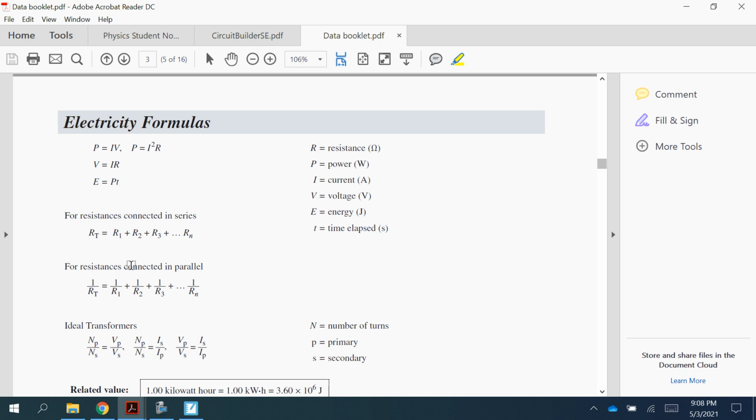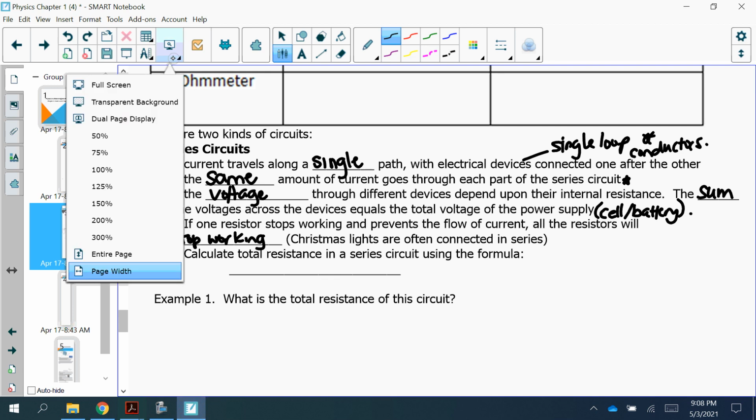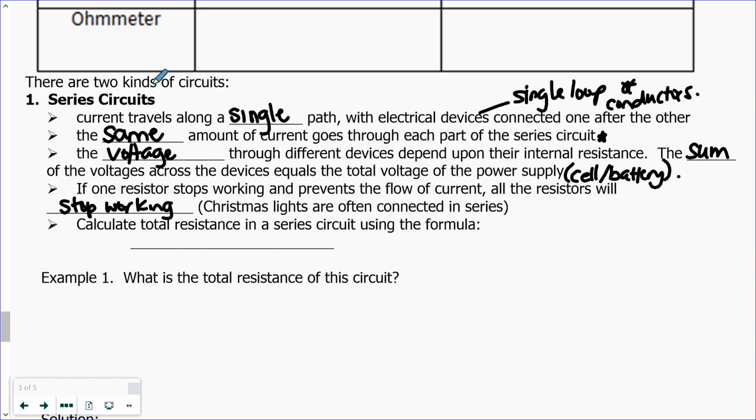We'll see our parallel formula in here as well. So the total resistance in a series circuit is R total equals R1 plus R2 plus R3, and so on.